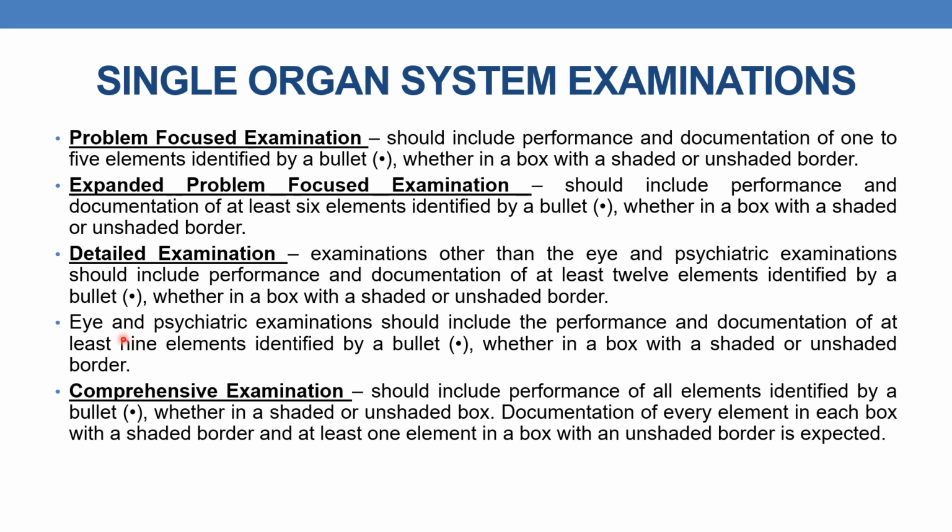For eye and psychiatric examination, it should include the performance and documentation of at least 9 elements identified by bullet, whether in a box with a shaded or unshaded border.